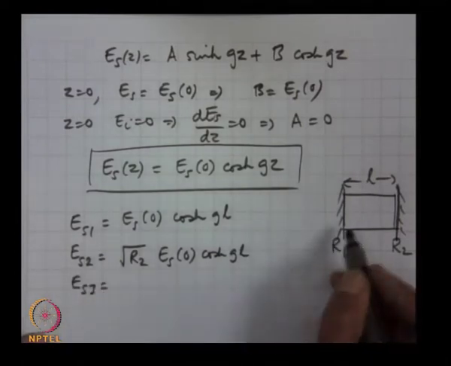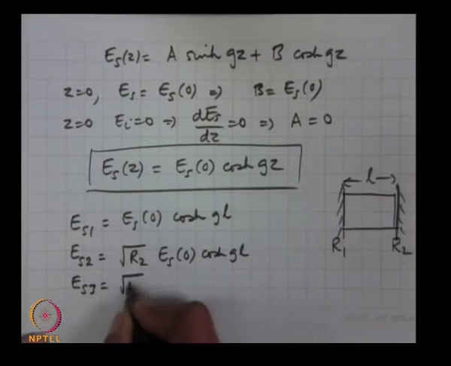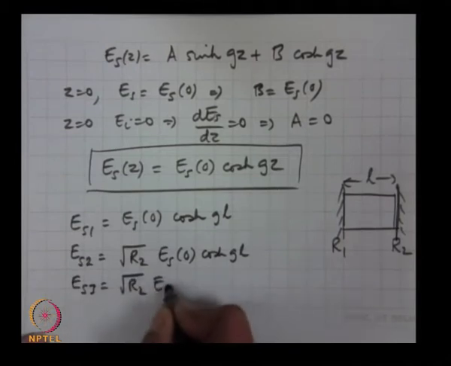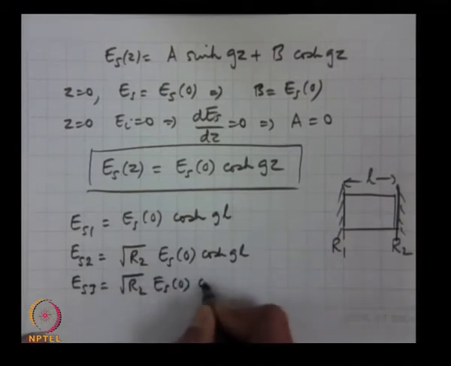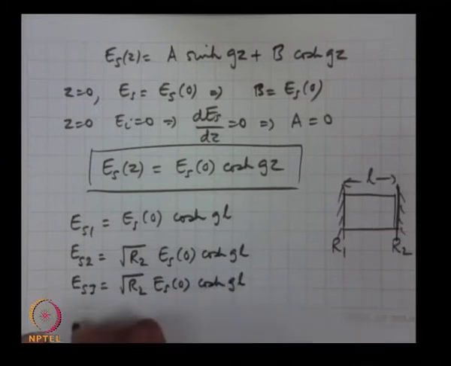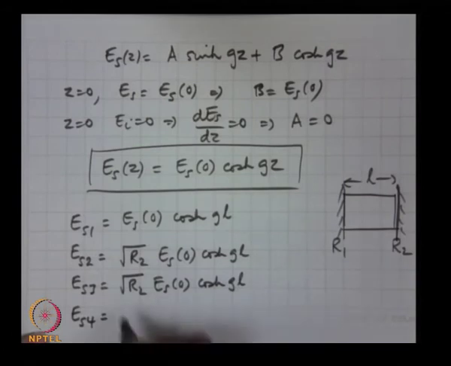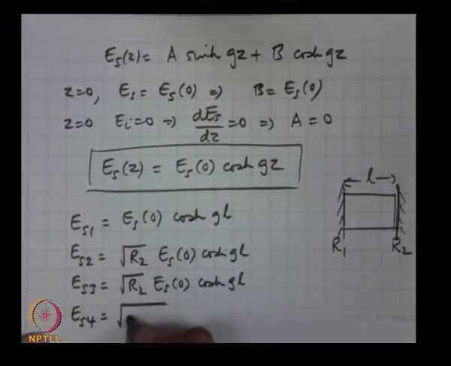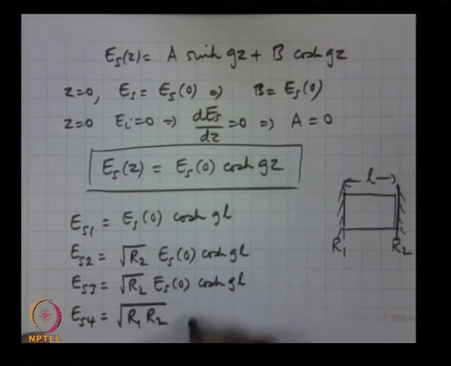Es3 is back at the first mirror, which is the same as Es2. And then Es4 is another multiplication by square root of R1.